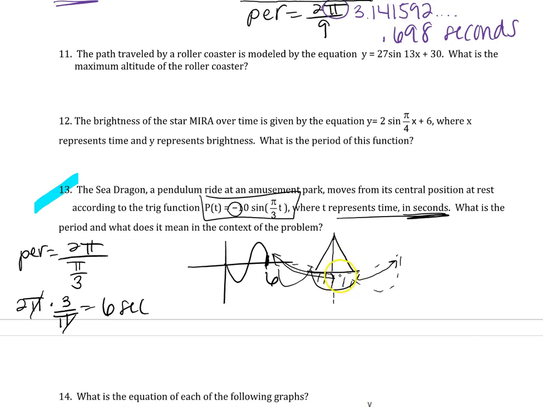So I suppose it would move backwards, forwards, back to resting place. And that's happening every 6 seconds. So the way that I'll say this is every 6 seconds, the sea dragon completes one swing back and forth and returns to its starting location.